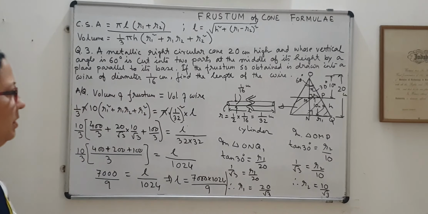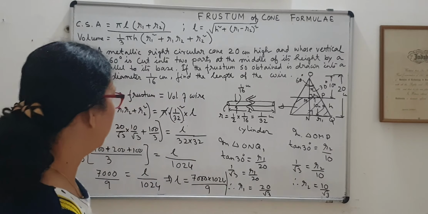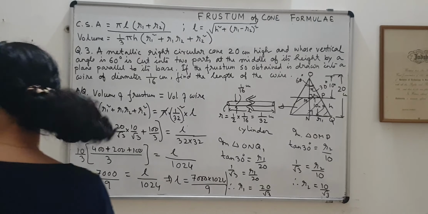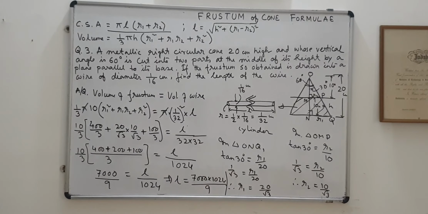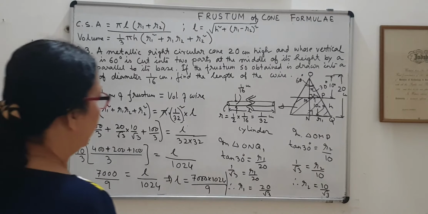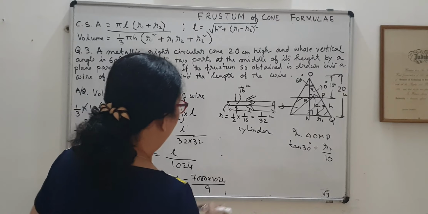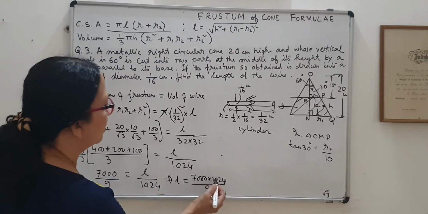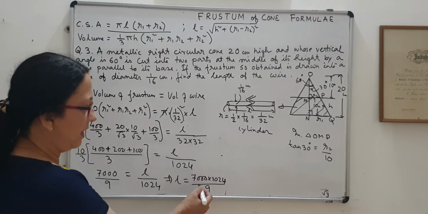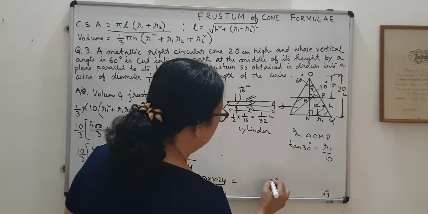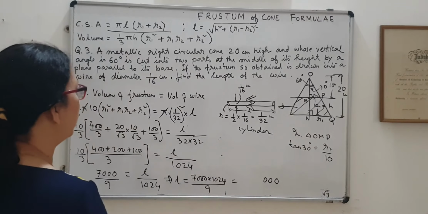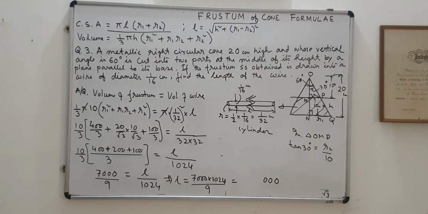These are in centimeter, yes. Now if I do the calculation, that is, multiply 7 by 1024, then divide by 9 and then put 3 zeros, 1, 2, 3 zeros will be there. Then this into this by 9.